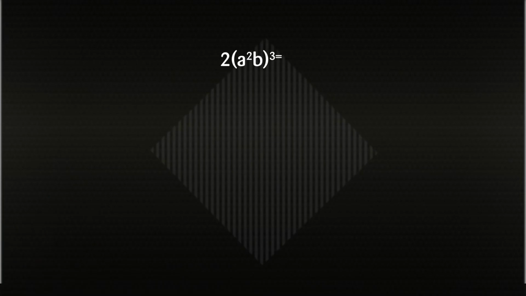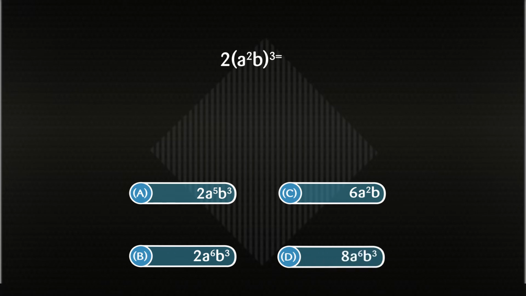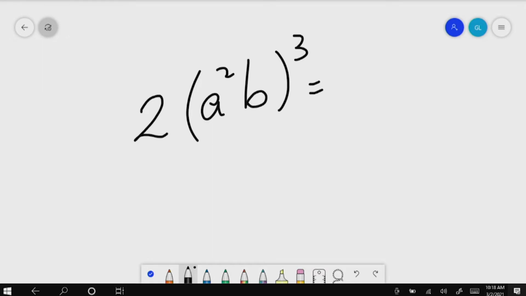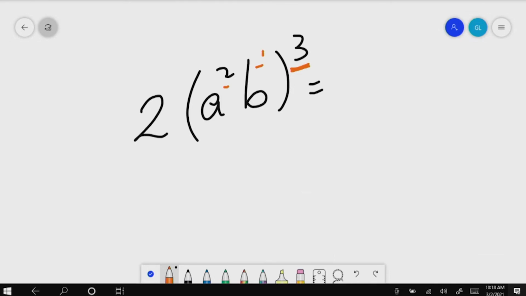This question reads 2 of A squared B raised to the third power is equal to what? Now, in applying laws of indices, one of the laws states that when we have an external power on quantities raised to a power, what we do with them is we apply the multiplication rule.